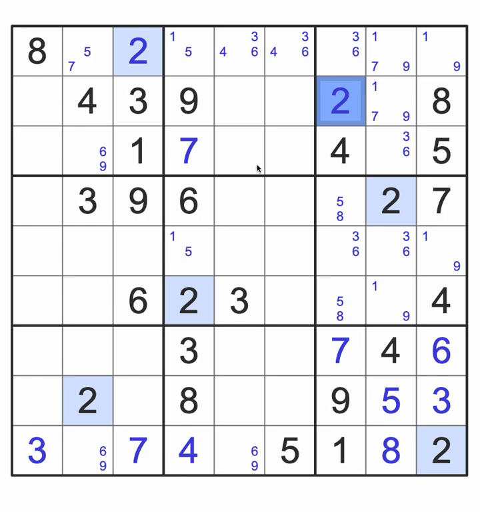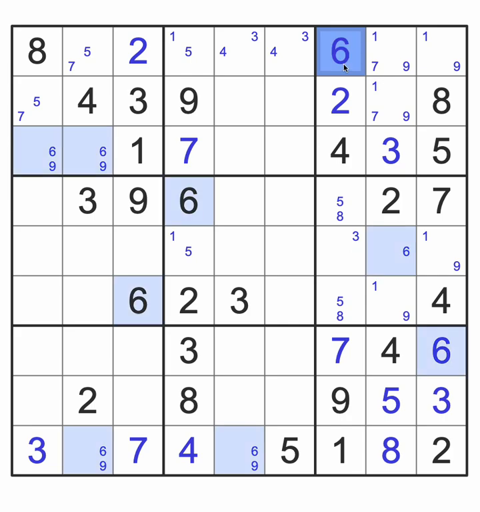Oh, and now this 2 is placed. This 5 and 7 blocking here makes these 2 5, 7 double. And these 2 will be 6, 9. And that blocks this cell from being 6, makes this cell 3.